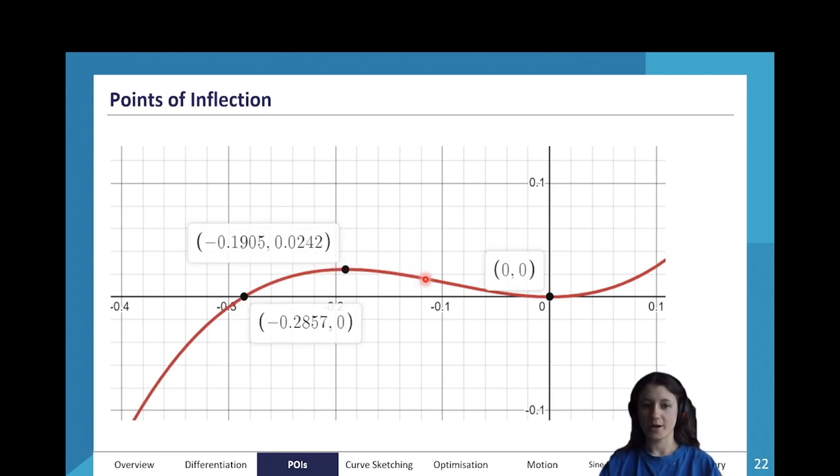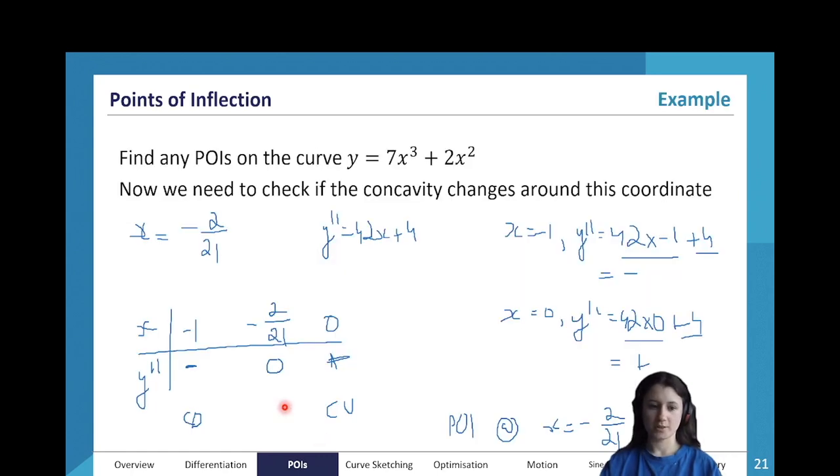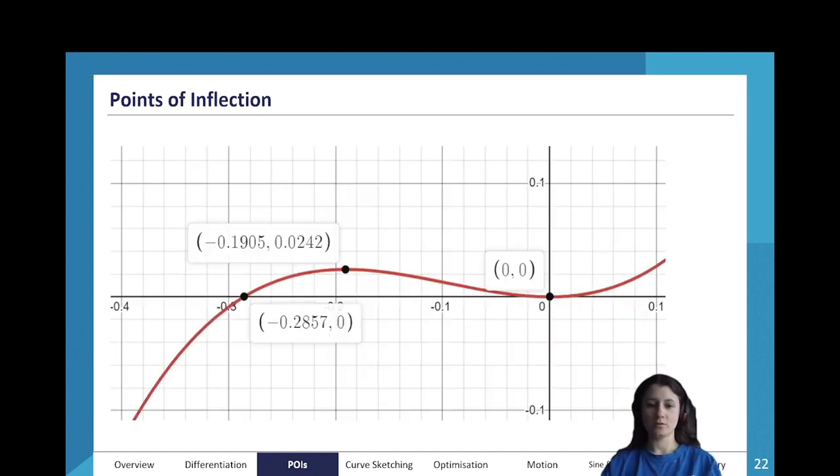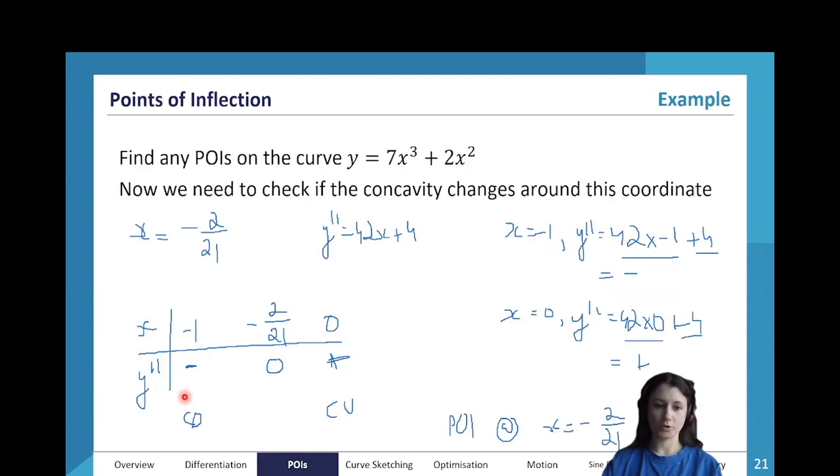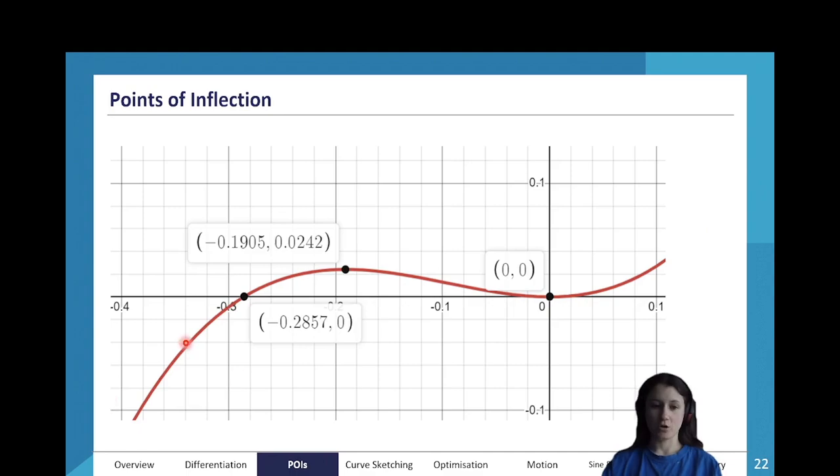The point of inflection will be somewhere around here, all right, which checks out with what we found, negative 2 divided by 21. All right, so quite a small negative number. Makes sense that it will be in here, and then it is concave up here. So this also checks out with what we found. We found it was concave down on the left-hand side of the point of inflection, and then concave up on the other side. So we have concave down, point of inflection, concave up.